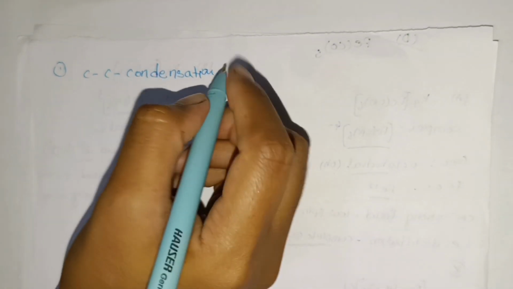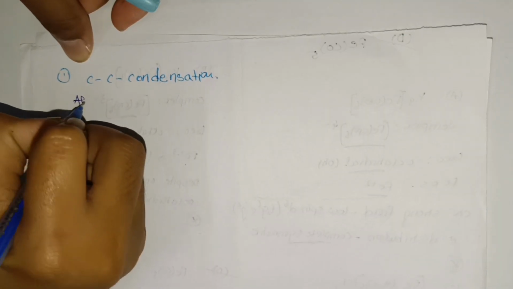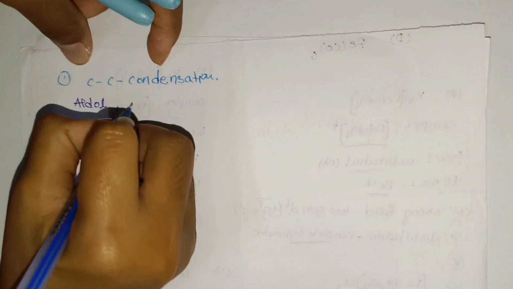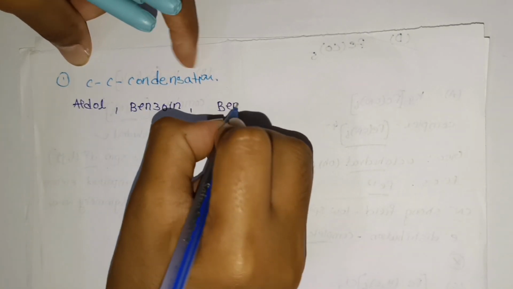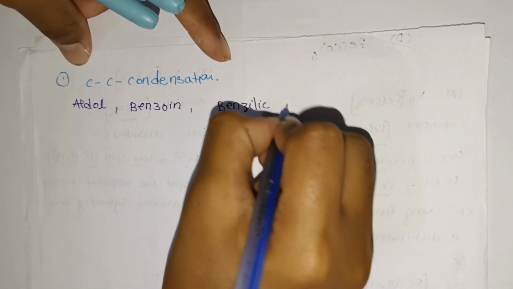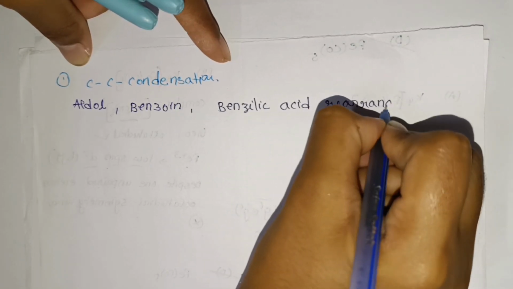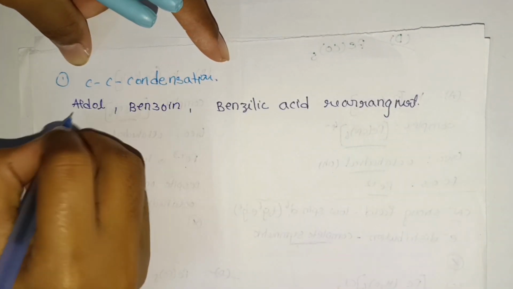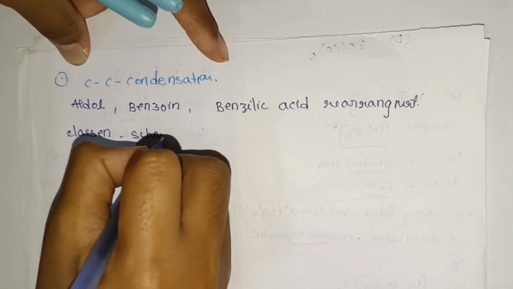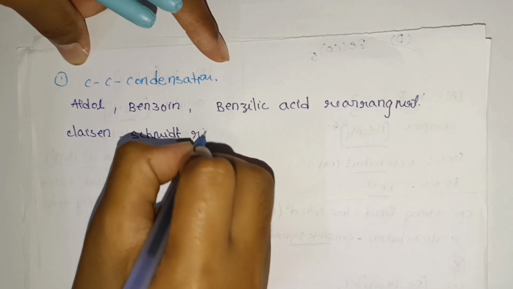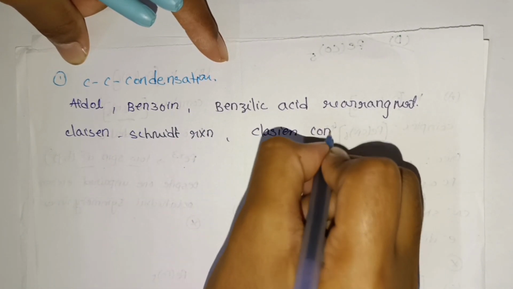In this, the first one is C-C condensation reaction, which is addition reactions. The C-C condensations are aldol condensation, benzoin condensation, benzilic acid rearrangement. Next, Claisen reaction. Next, Claisen condensation.